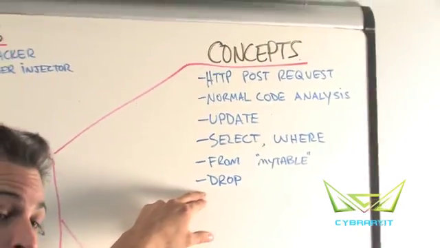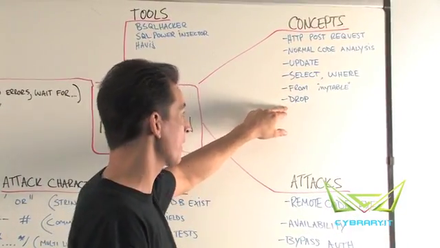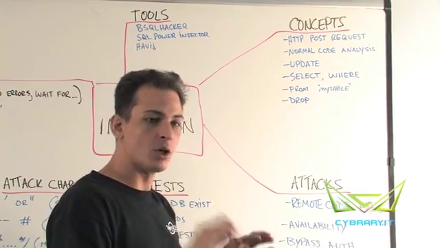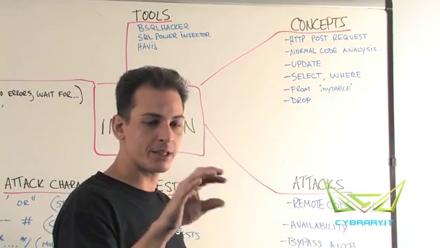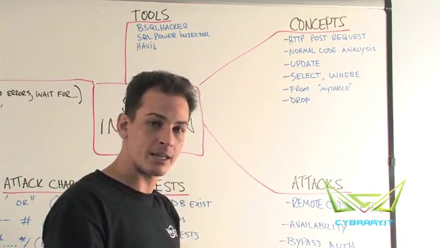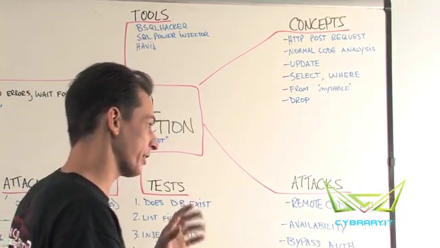Or just DROP the whole field, the record, the row, the column, the database, or the table. So it's everything about the client to the server. Once you get to the database, then the table, and once you get to the table, then it's the columns, then it's the rows. So you can kind of think of this hierarchically.